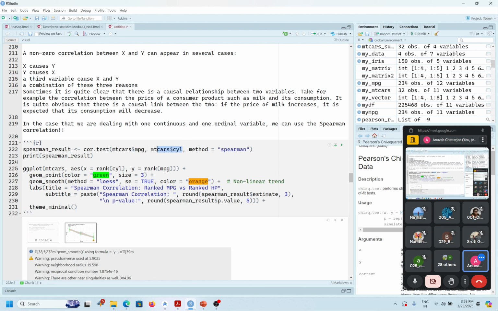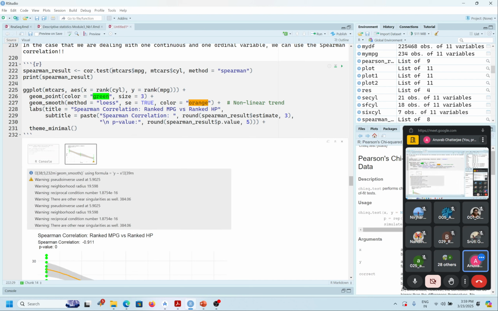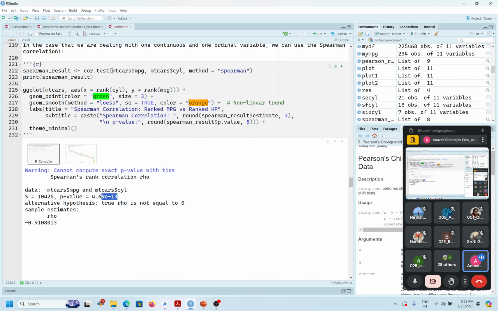If you remember, 4, 6 or 8 cylinders, it is categorical and not continuous, versus the mileage, and you wanted to figure out if there is any correlation. You run the same test again, and it gives you a significant p-value and a negative correlation. So your mileage is hugely negatively correlated to your number of cylinders. This is what the Spearman coefficient gives you, the relation between a categorical data and a continuous data point.